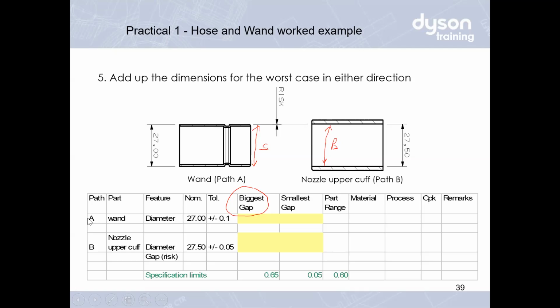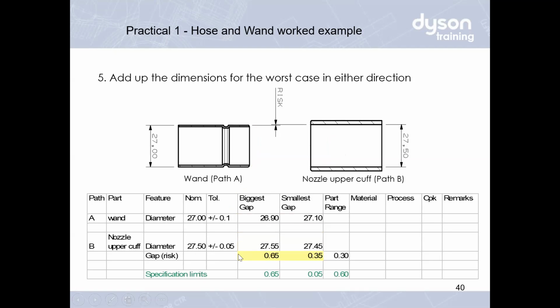So A will be the smallest at 26.9. And B will be the biggest at 27.5 plus 0.05, so you get 27.55. You get me? So when part A is the smallest and part B is the biggest, then you have the bigger gap.